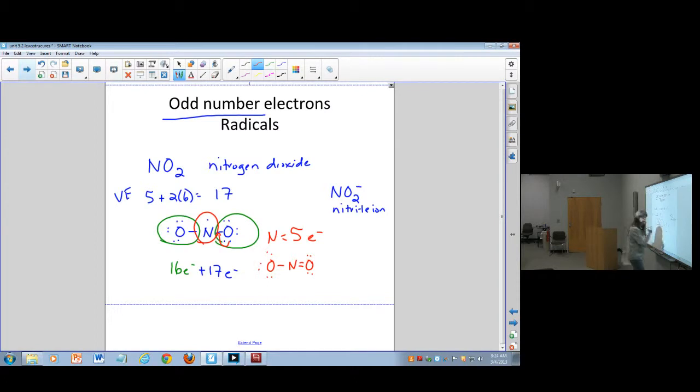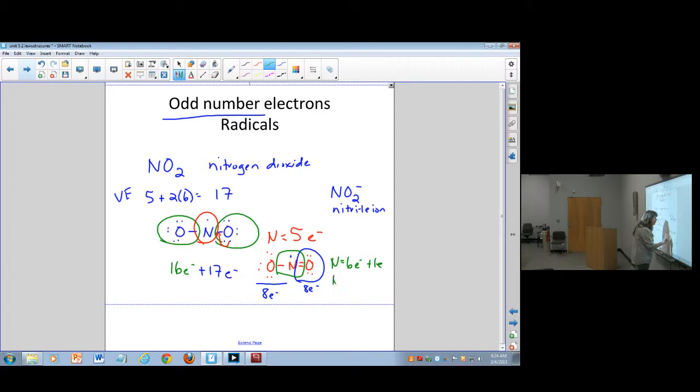And now I'm going to count, oh, and my radical electron goes on that central atom. And so this has 8 electrons, and this bond has 8 electrons. And now what about the nitrogen? Nitrogen gets to count all of this. So nitrogen has 6 electrons from the bonds, plus the 1 radical electron.